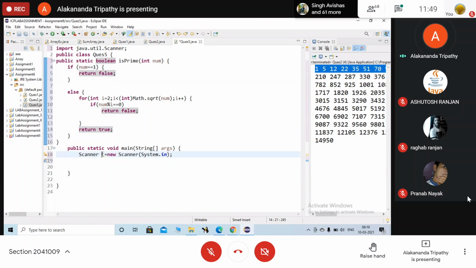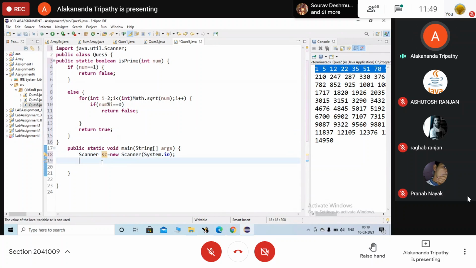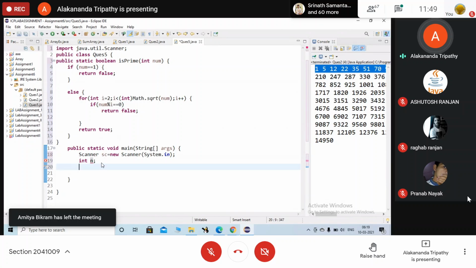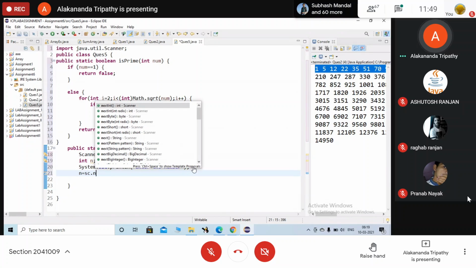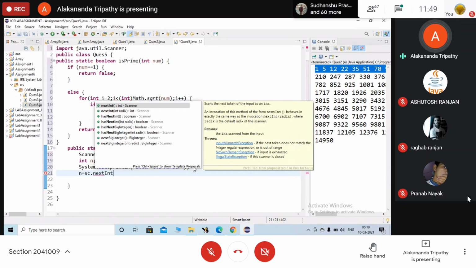Okay. Scanner sc. यहाँ पर वेरिएबल ले लो. We will check for the conditions. So int n one variable. System.out.println, enter the number, n is equals to sc.nextInt.